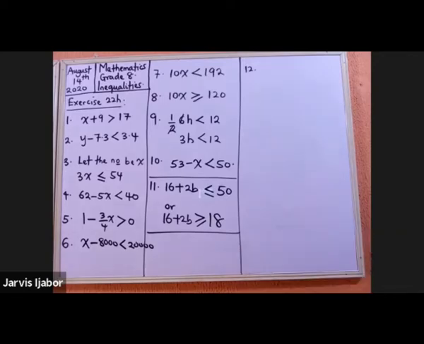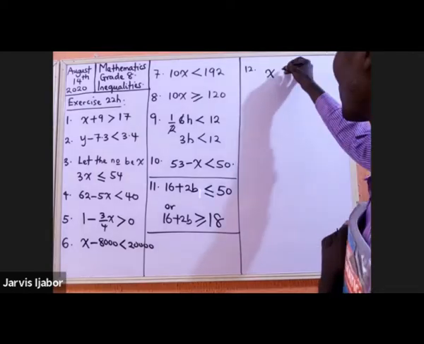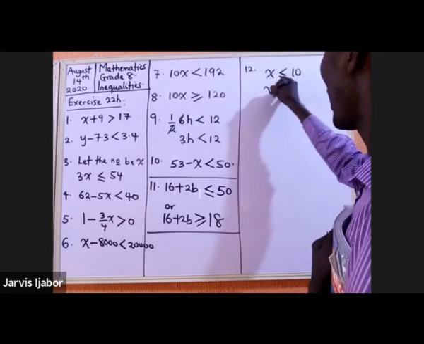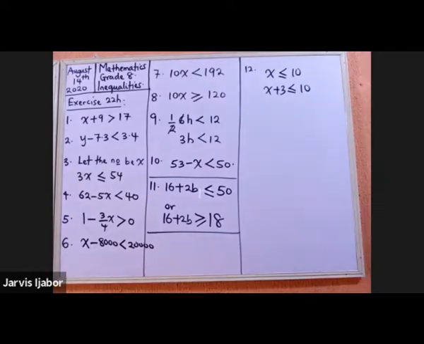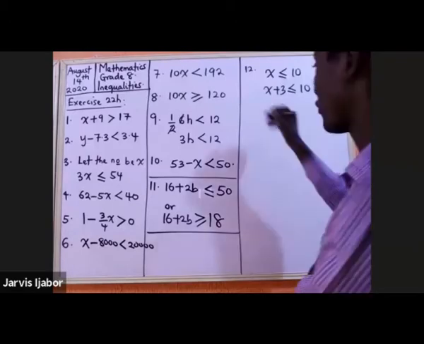Now, for this to occur, x will be less than or equal to 10, or x plus 3 will be less than or equal to 10. Okay, well, let's leave it at that first. I will confirm whether what I've done there is right.